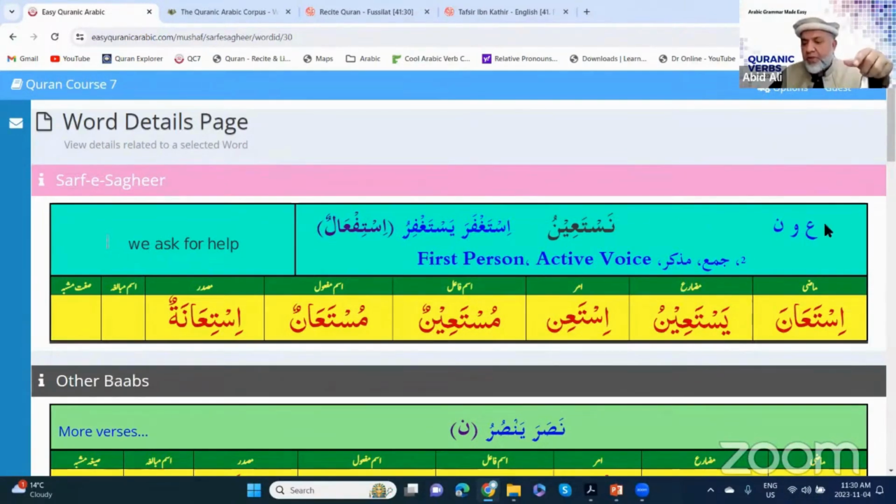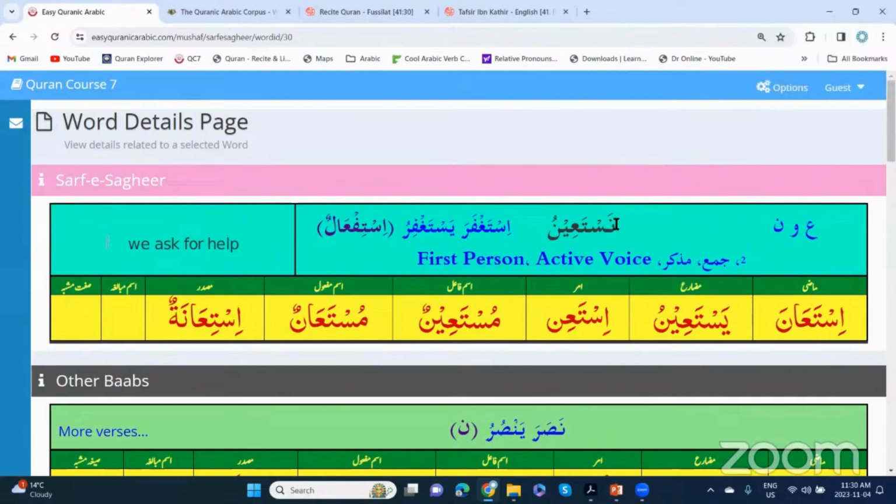I mean, the root letters are still always three, but we have additional letters, and that is our second class, part 2. In this class, the highlight is that the moment you see the noon, that is an indication, a sign of fi'l al-mudari.